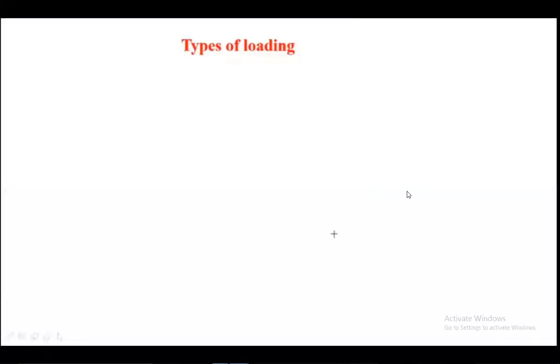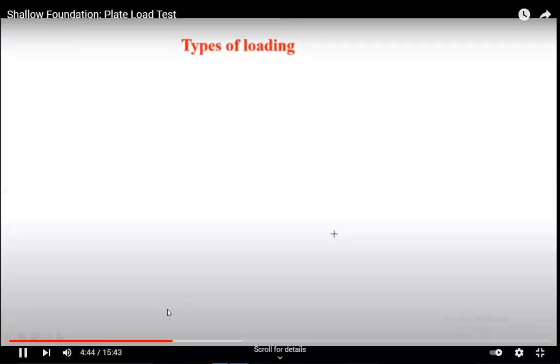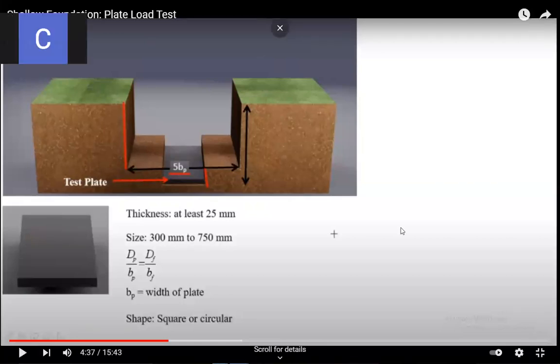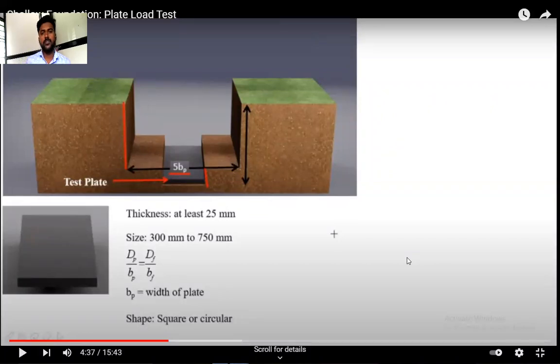Okay, next, type of loading. How do you apply the load? That totally depends on the foundation. See, this is a very important chart, the terms shown here. Whenever we are calculating how much the load carrying capacity of any kind of foundation or the soil beneath the foundation should be, we need to go for the plate load test.